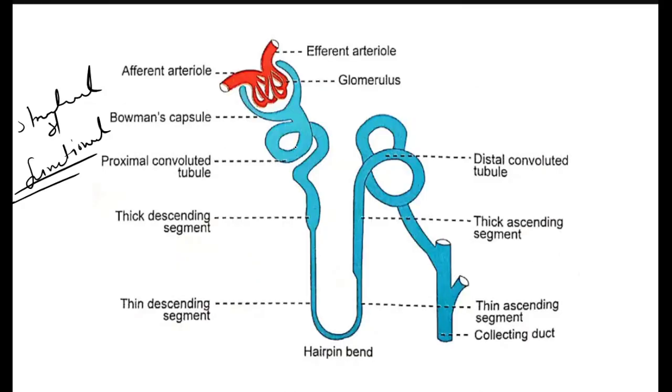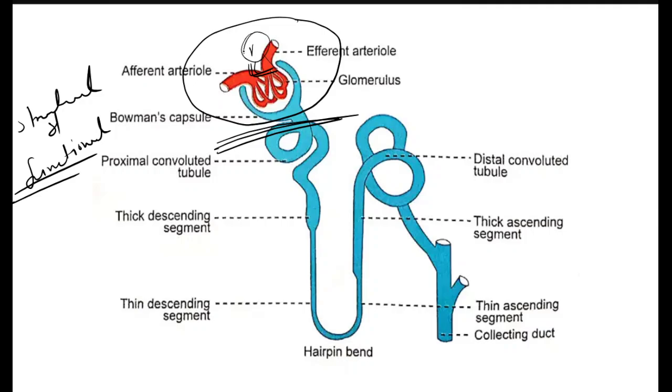So again, the nephron is divided into two parts. The upper portion is known as the corpuscle and the lower tubular part is known as the tubular portion of the nephron. This corpuscle is again divided into two parts.